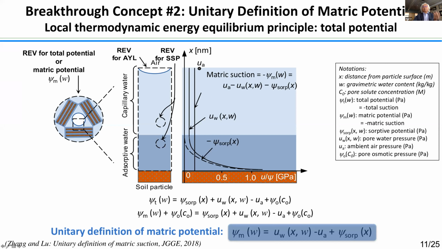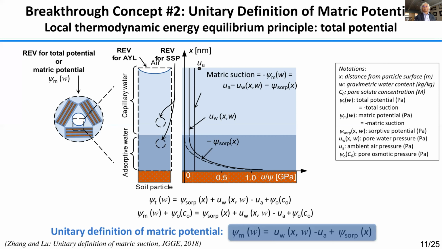And from there, your pressure is going to increase, following your absorption potential. So that is the pressure distribution that we're going to see. And that is what I was talking about at the beginning: under any circumstance, whether saturated or unsaturated, you're going to have a pore pressure of around 1.6 gigapascal, depending on the soil, near the particle surface.